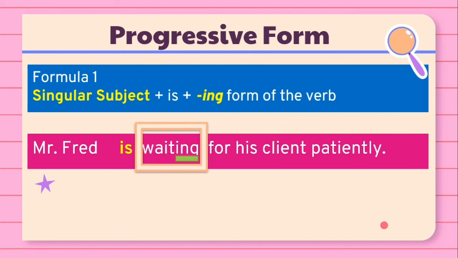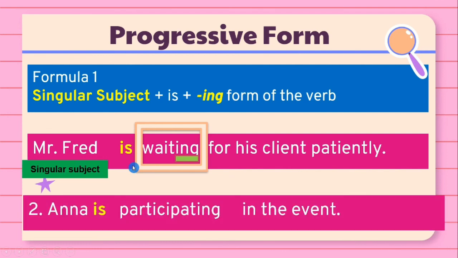Okay? So we add ing because we are using is in our sentence. Now, why do you think that we are using is in our sentence? That's right. It's because our subject here is singular. We have Mr. Fred. So we should be able to pair it with is.